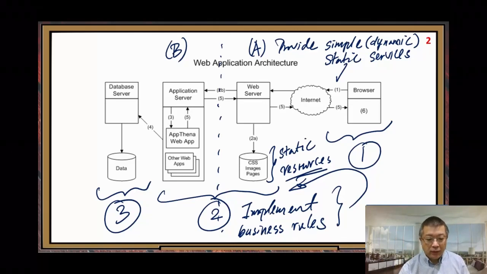Then the B layer: sophisticated dynamic resources. How sophisticated?